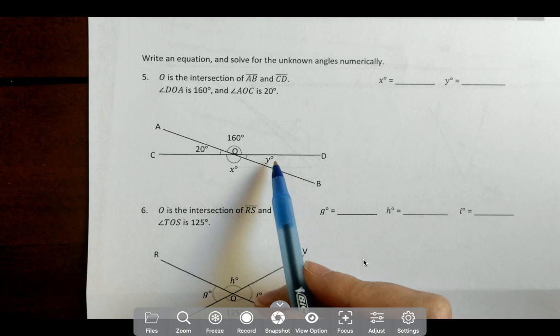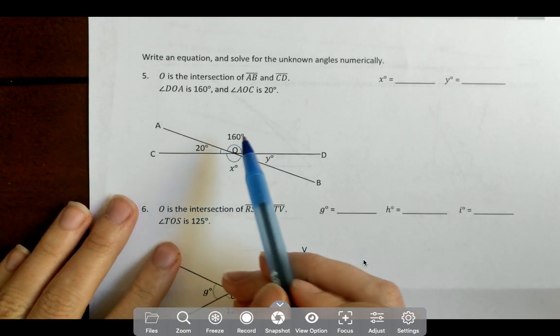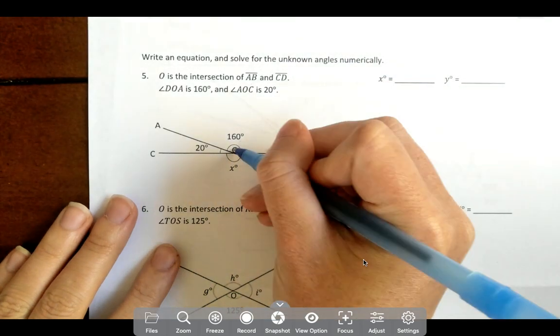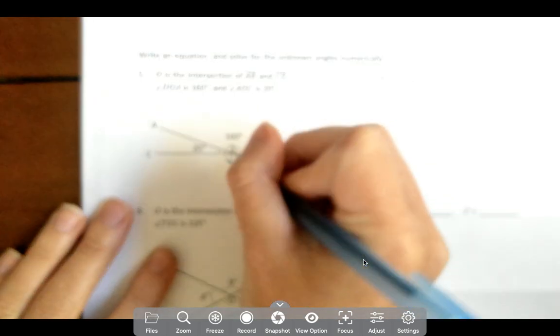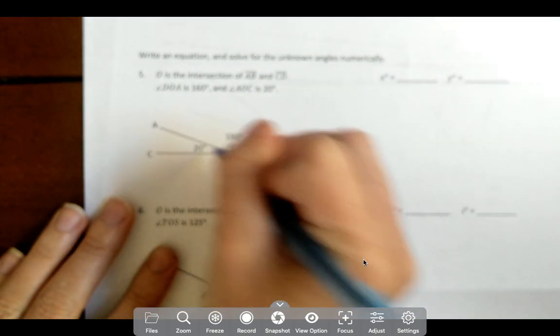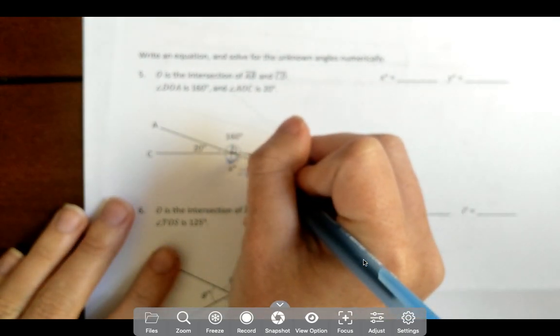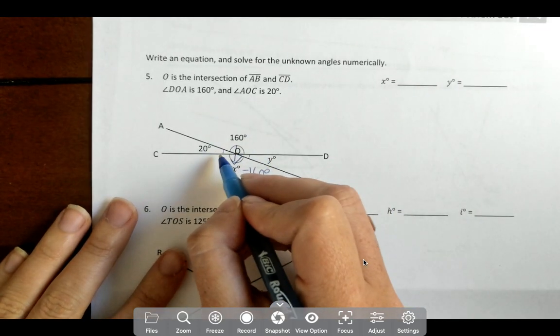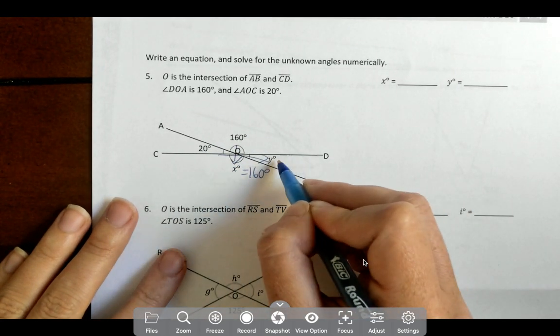Opposite angles are equal. So if this is 160, the opposite angle is also 160. And if this is 20, then the opposite angle is 20.